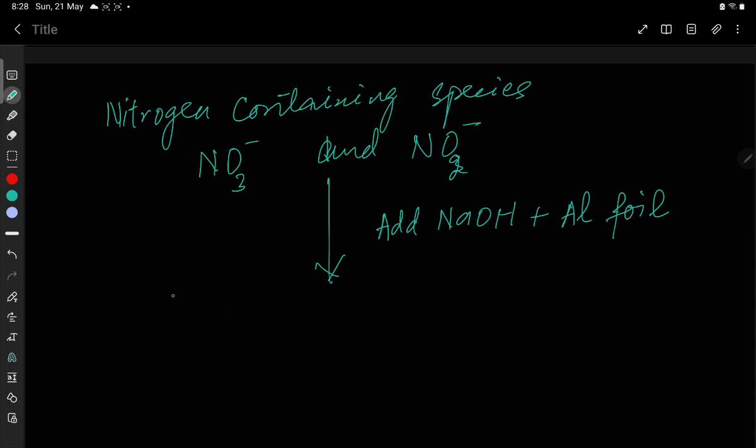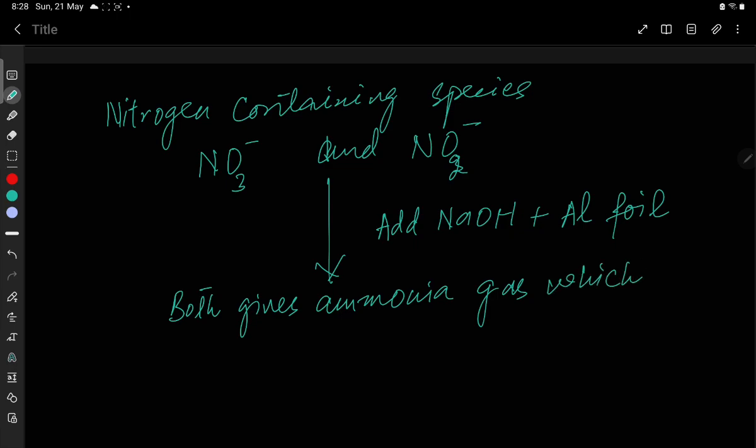Both give ammonia gas, which turns damp red litmus paper blue.